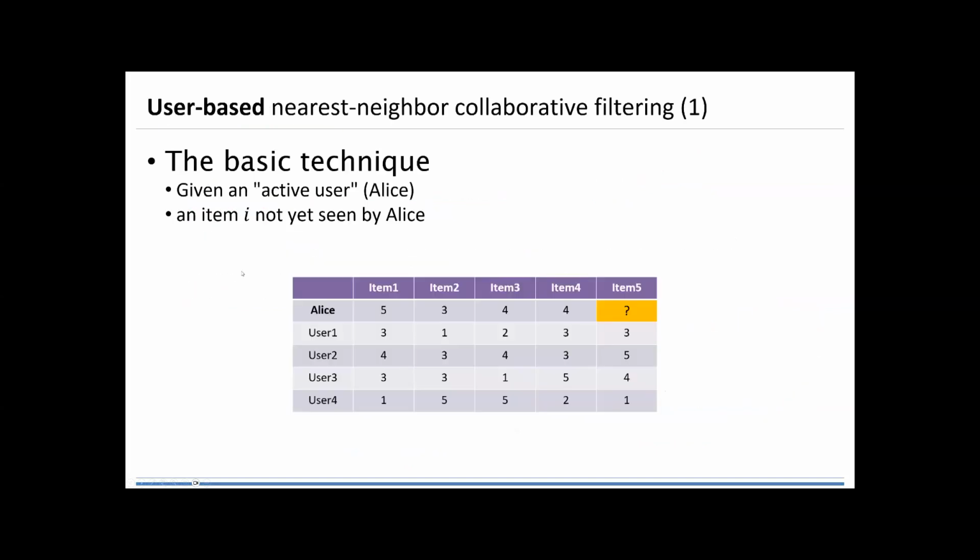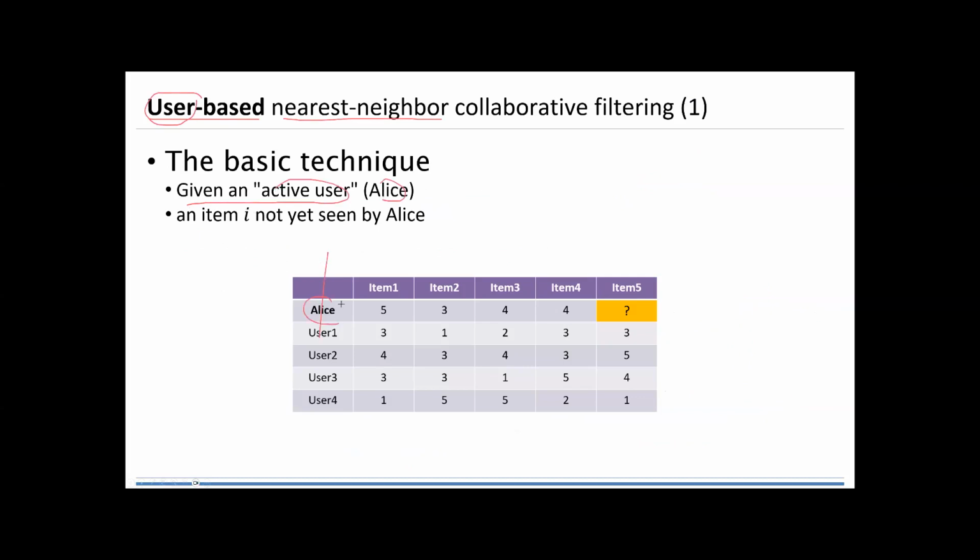The basic technique for collaborative filtering, first we will learn about the user-based nearest neighbor. The keyword is user-based, which means we are looking at the user information. In this case, we have an active user, that is Alice.